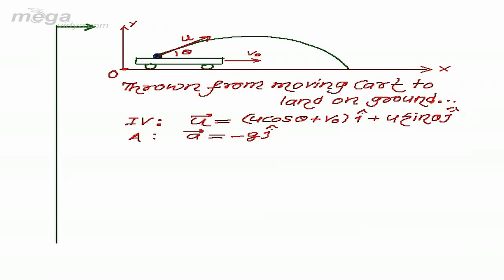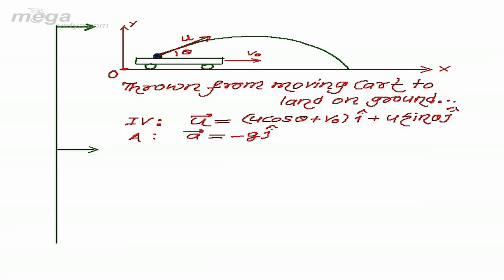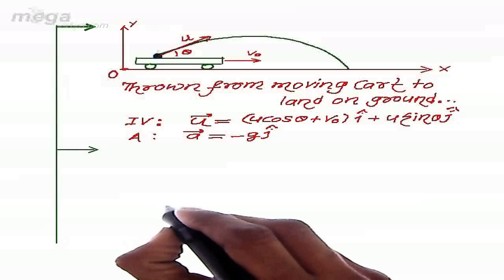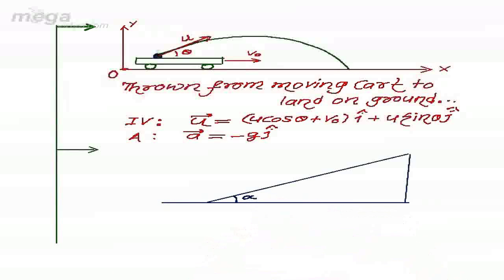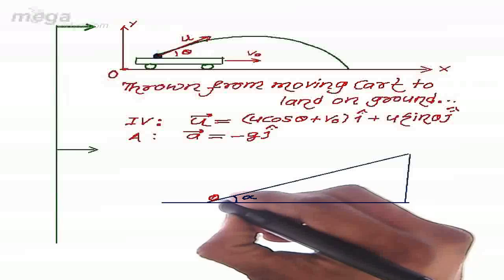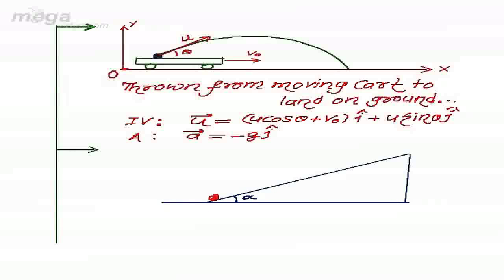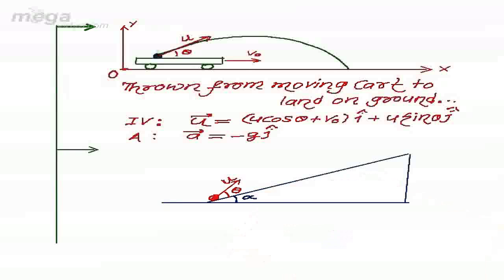In one more example, I would like to take the condition in which a projectile is thrown on an inclined plane. Say there is an inclined plane of inclination alpha and we throw a ball from the base of this inclined plane with velocity u at an angle theta with the incline.